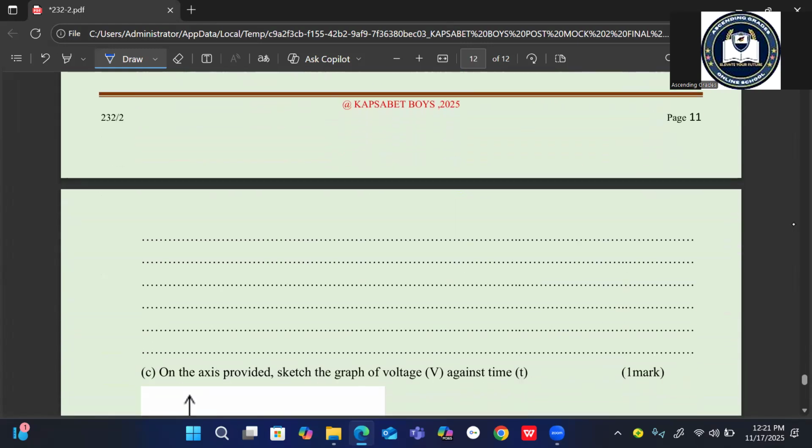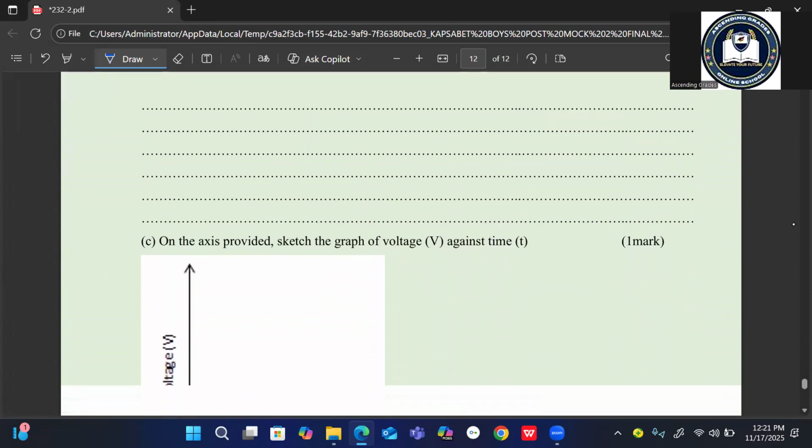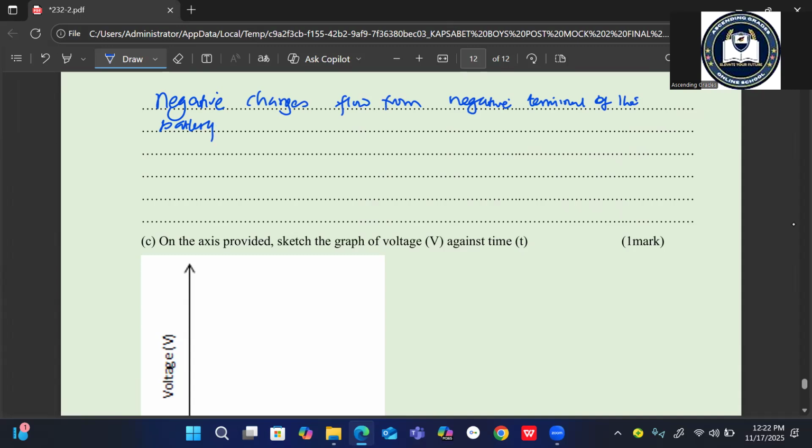Explain how the capacitor is charged. This will be a narration. We have been awarded 2 marks. So negative charges flow from the negative terminal of the battery to the plates connected to it.